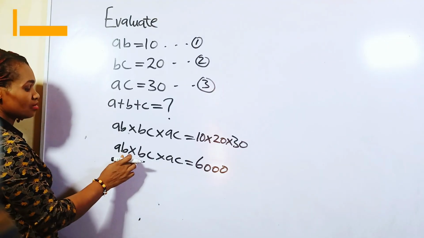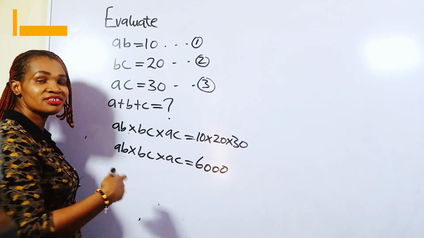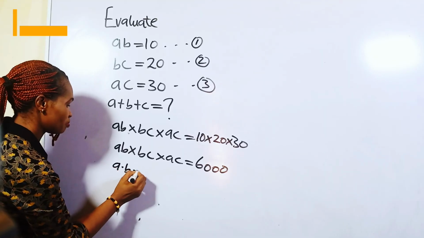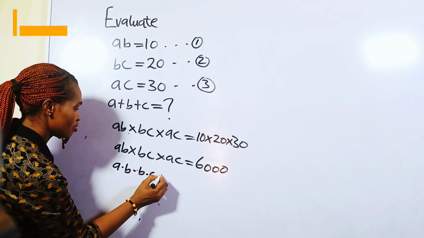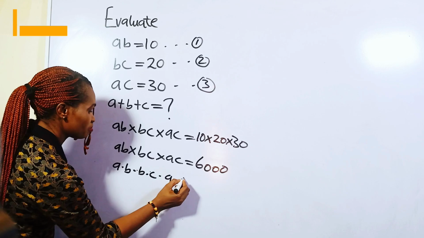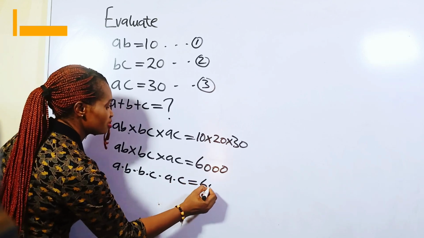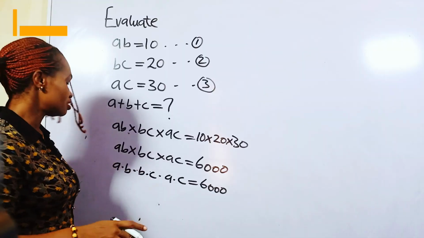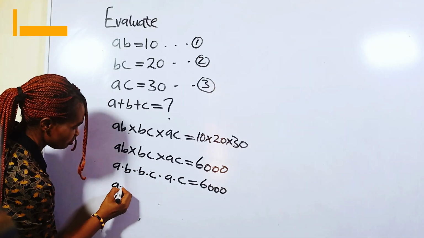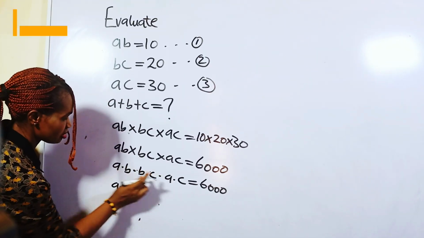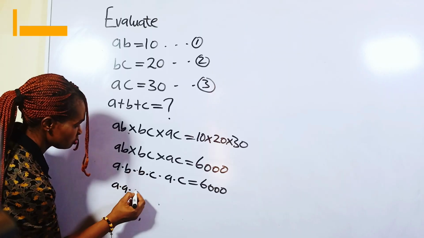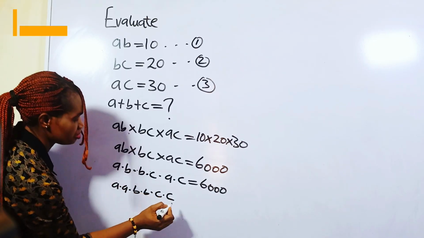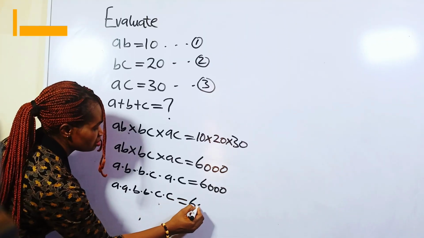Next, AB multiply BC multiply AC is the same thing as A multiply B multiply BC multiply A multiply C, which is equal to 6,000. And it's also the same thing as writing A multiply A, that's this A and this A, multiply this B, which also multiplies B, multiply C, multiply itself, which is equal to 6,000.